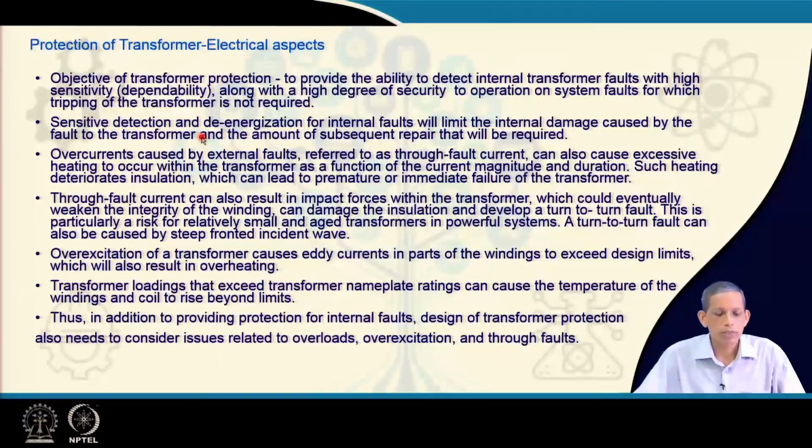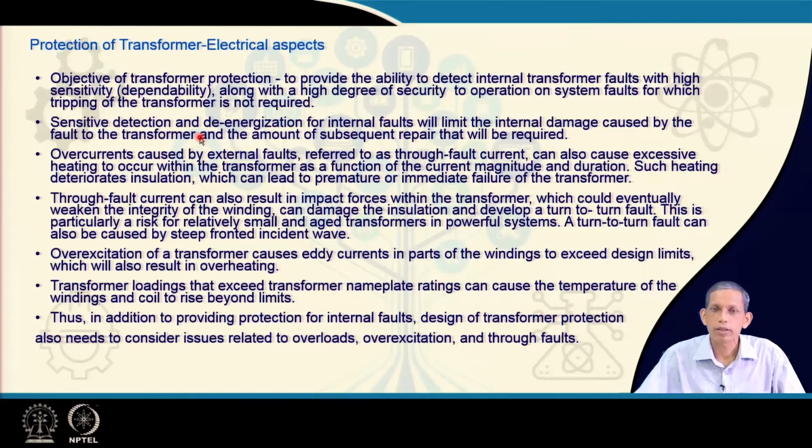Our emphasis in this presentation will be on the electrical perspective. On these electrical aspects, the objective of the transformer protection is to provide two things. One is that for any fault internal to the transformer, the transformer must be isolated from both sides if it is an interconnected system.